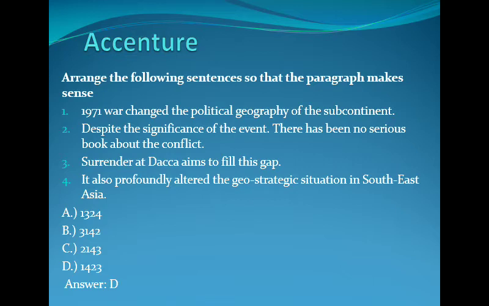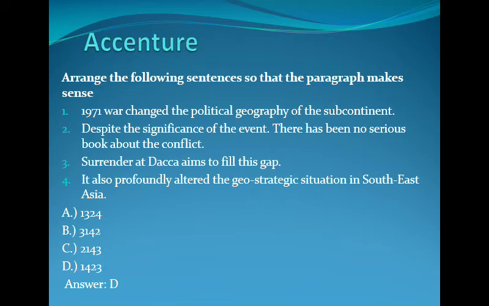So the best choice would be D, as they have given in the answer. So the first statement itself is a generalized statement which says that the 1971 war changed the political geography of the subcontinent. This can be followed by 4 because it says it also profoundly altered.